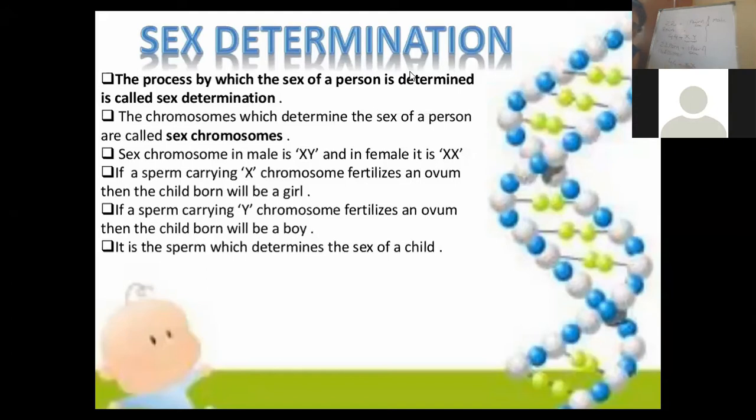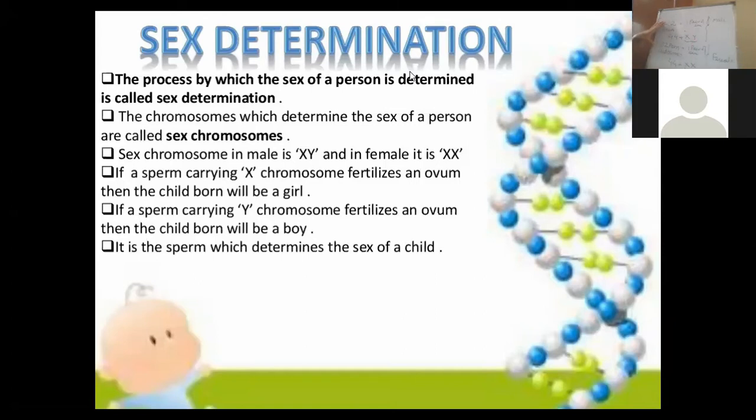It means they are identical to each other. So females are homomorphic, because the pair which governs the sex of the child is similar in females, whereas males are heteromorphic because that pair is different, right?